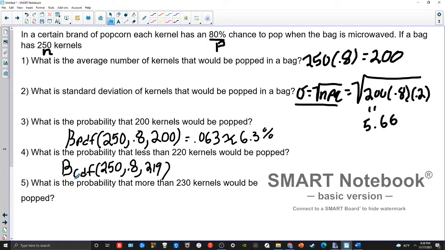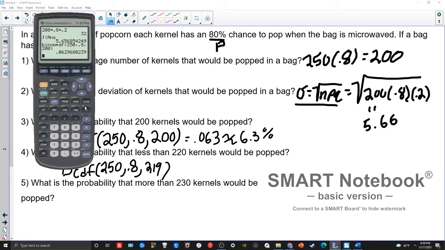The C stands for cumulative. So 219 on down. I don't need to do 1 minus because the CDF already does on down naturally. So second distribution, binomial CDF, 250, 0.8, 219, boom, 0.999.